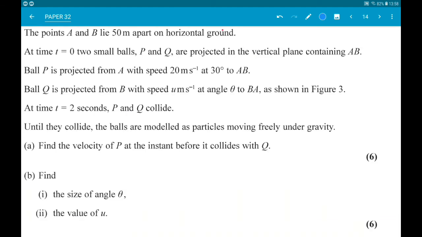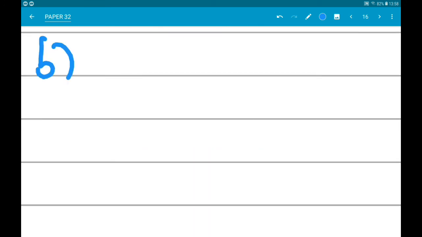He wants us to find the values of theta and u. Alright, so now that we know things about P, we can work out where the collision happens.